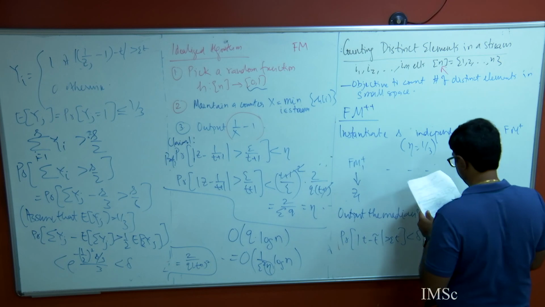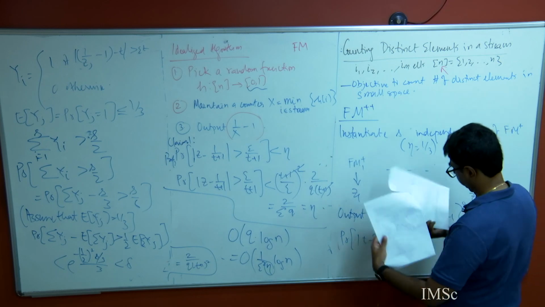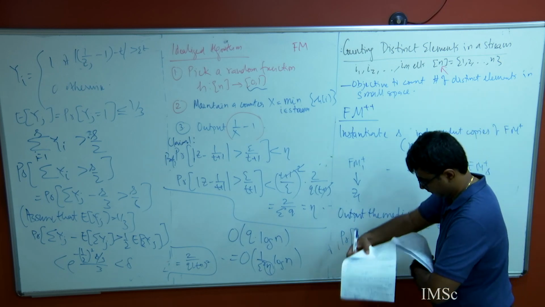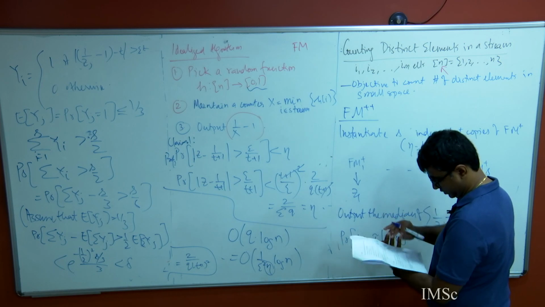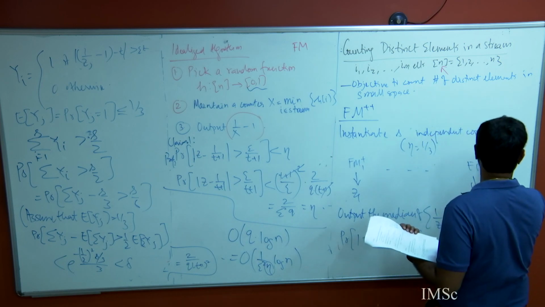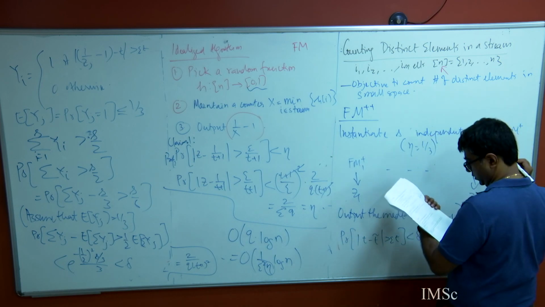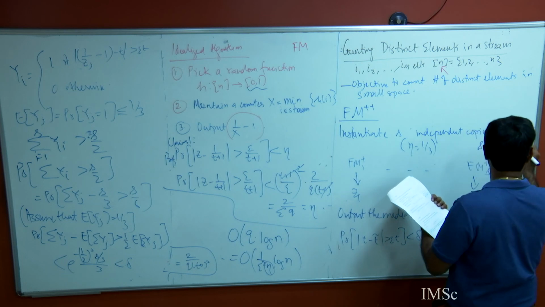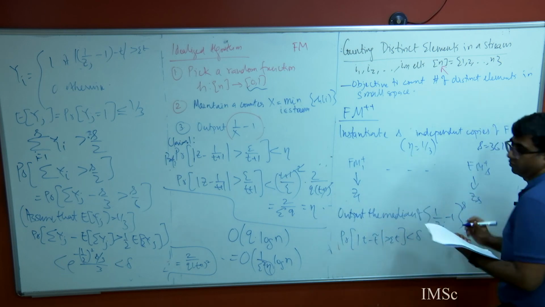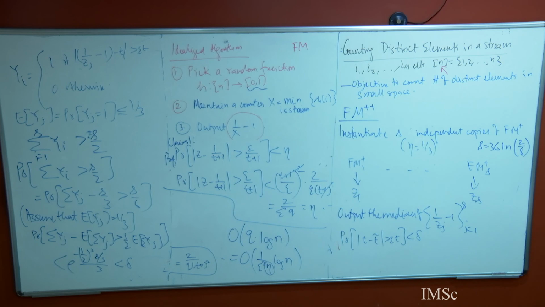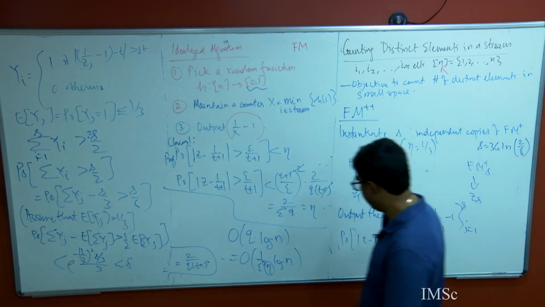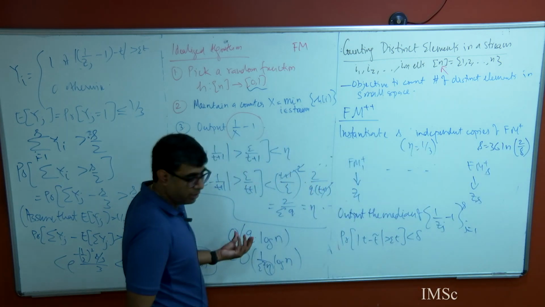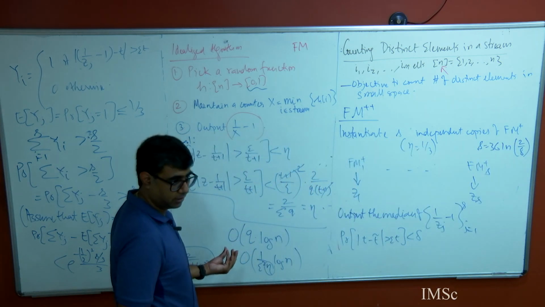So if you do s like 36 ln 2 over delta, you're good. So now we have reduced the dependence on eta to big O of log 1 over delta, right?